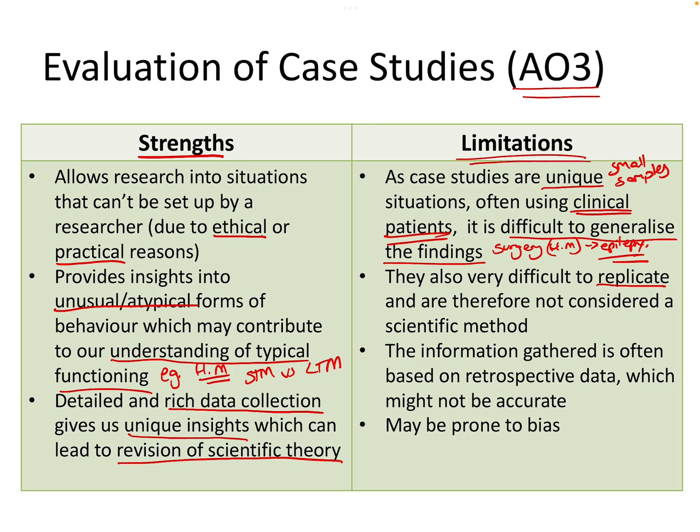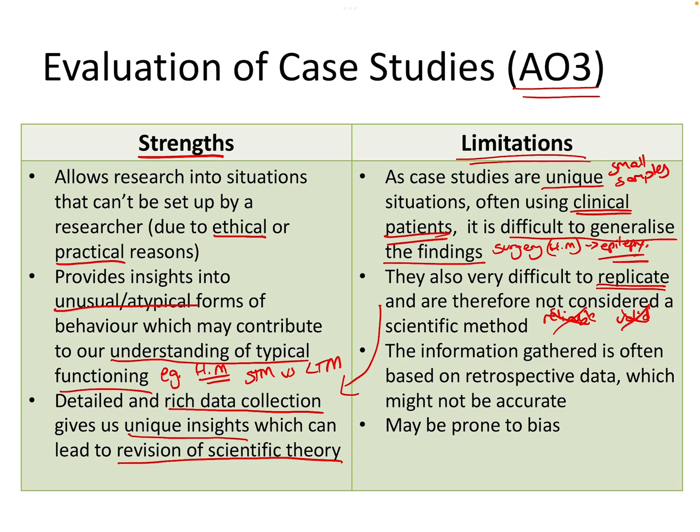We're never going to be able to replicate the events of the 2011 London riots. They're often one-off unique events. And so if we can't replicate, we can't verify the findings, we can't check to see if they are reliable, we can't check to see if they are accurate and valid. So it means that this may not be considered a scientific method. But it may lead to further investigations that are scientific.